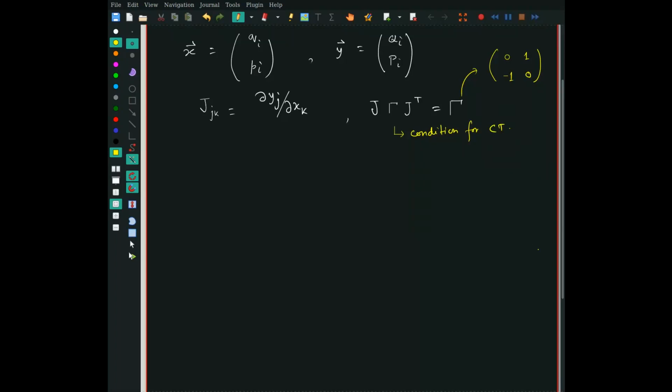Now we can get some insights into the physical reality by moving to the infinitesimal version of such transformations. I will call those infinitesimal canonical transformations, ICT in short.